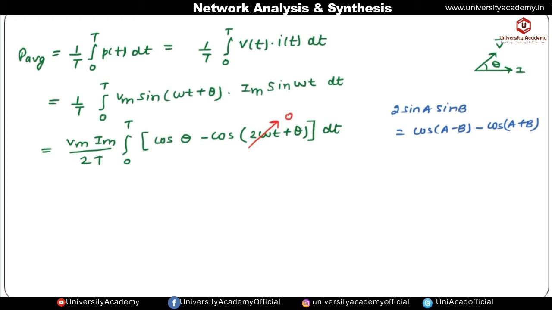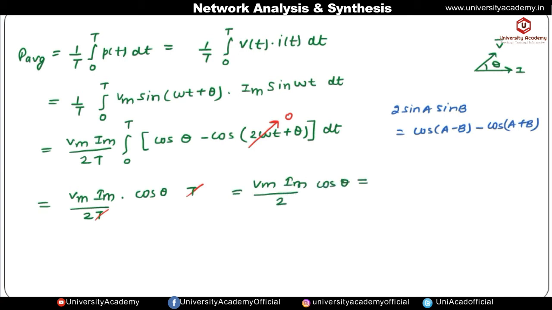So we get Vm Im by 2T into cos theta, which is constant, so it comes outside and is multiplied with T. This T and T get cancelled out, so we are left with Vm Im by 2 into cos theta.